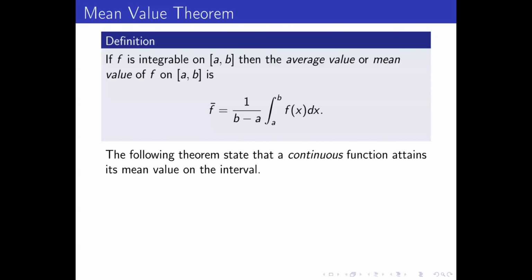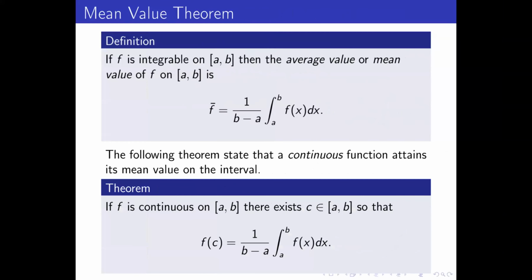So the mean value theorem for integrals states that for a continuous function, there will be a c so that f of c is the average value of the function, this quantity.